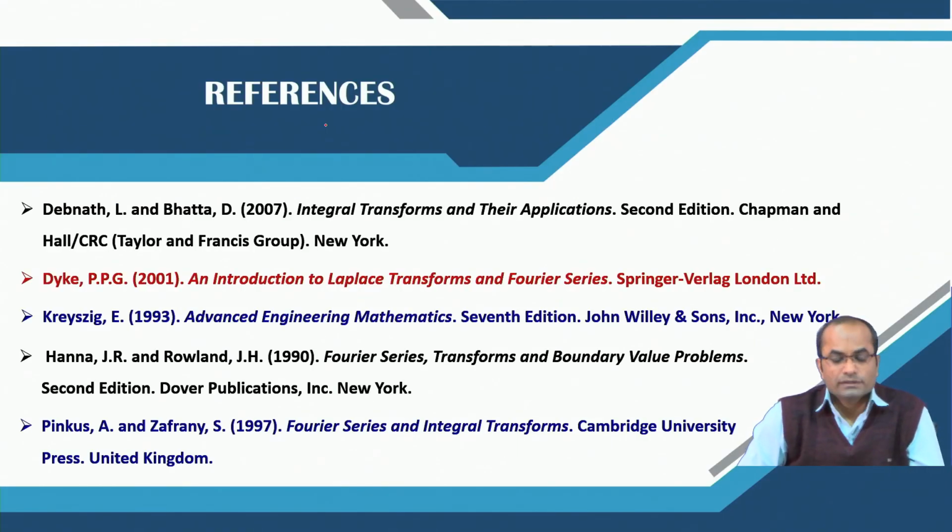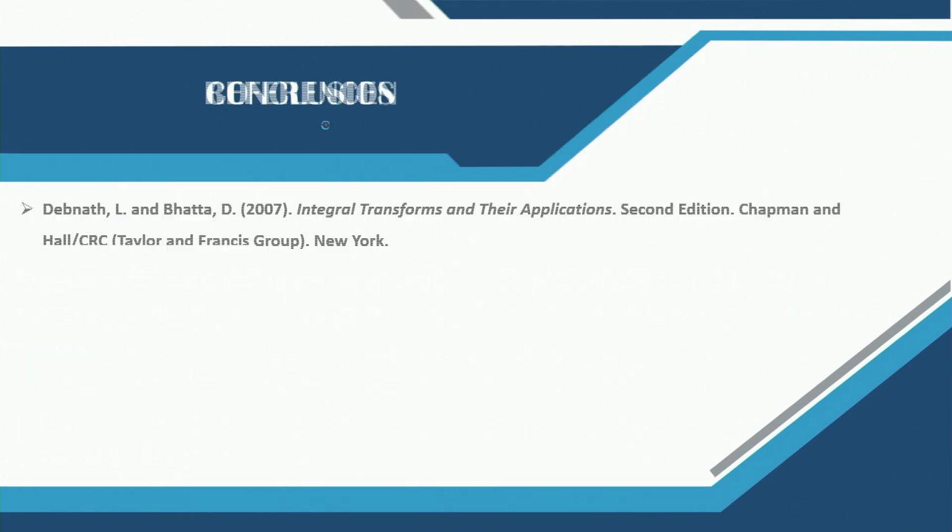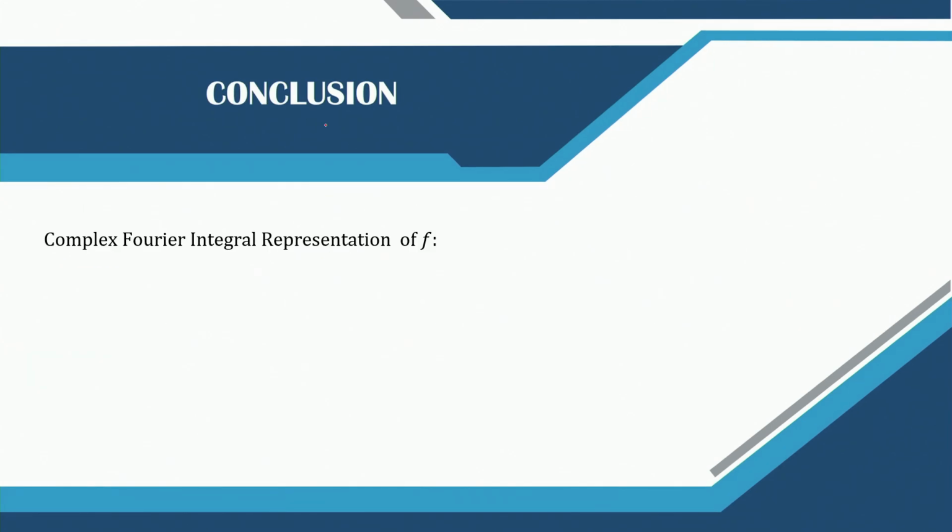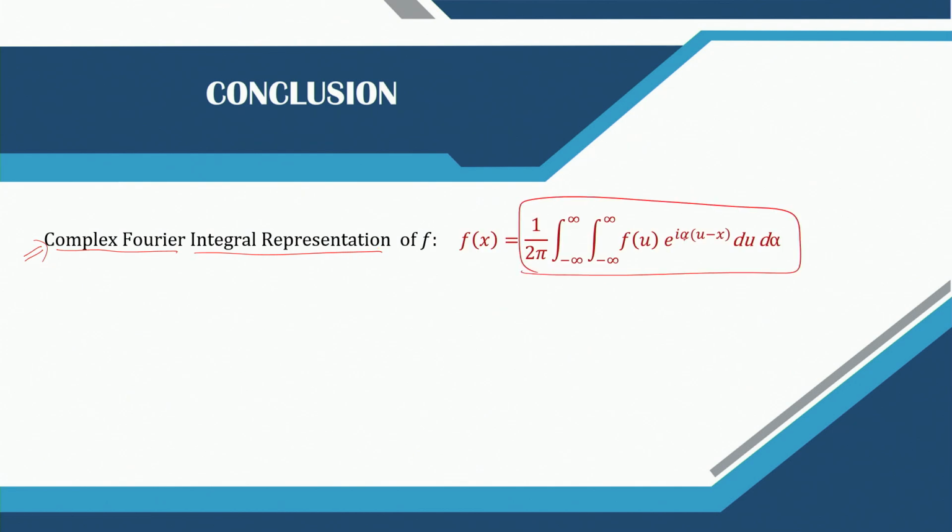So these are the references which we have used to prepare this lecture, and just to conclude, today in this lecture we have studied the complex integral representation of f, which is given in this form with i alpha (u - x), and there were other forms as well, for instance with the minus sign in front of the i.